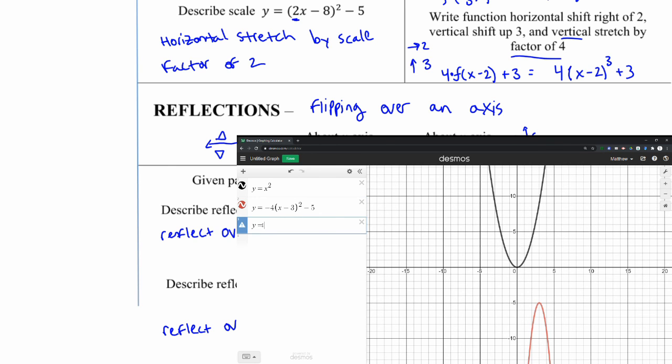Whereas with the other one, I have 2, 4 minus x squared. Yep, and then what, plus 3? Minus 5 again, sorry. Minus 5. So you can't really see a flip around the y-axis because a parabola is symmetrical about the y-axis.